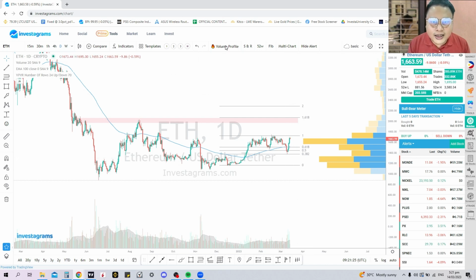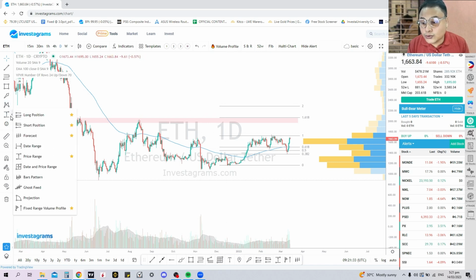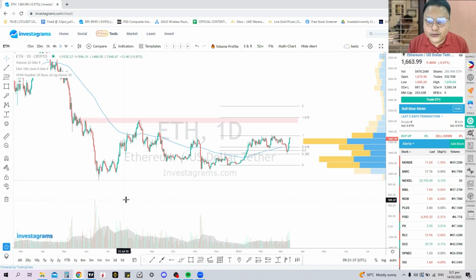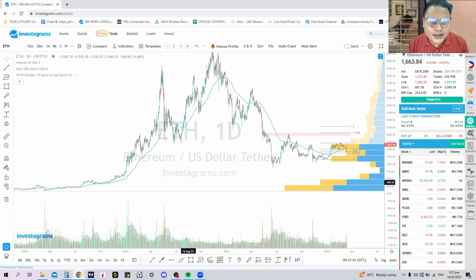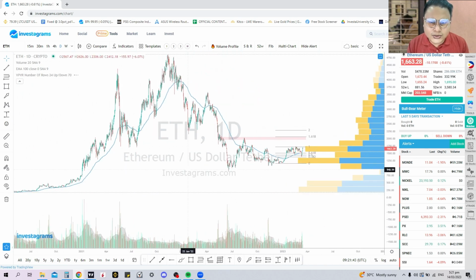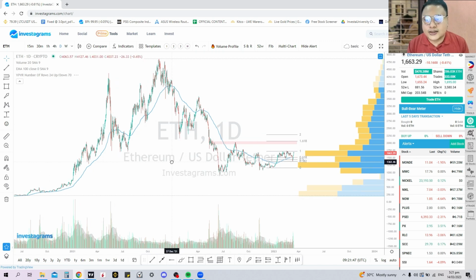So, kunyari, ayaw mong gamitin tong volume profile indicator na yan, meron kang pwedeng gamitin na tool. In this case, pwede mong gawin tong fixed range volume profile. Kasi ang hassle dito, nag-a-adjust siya as you move your chart.